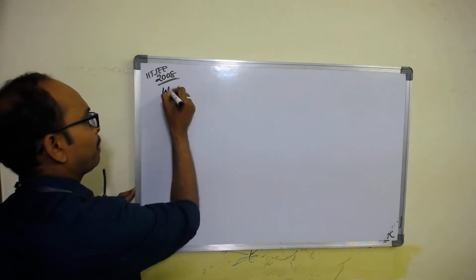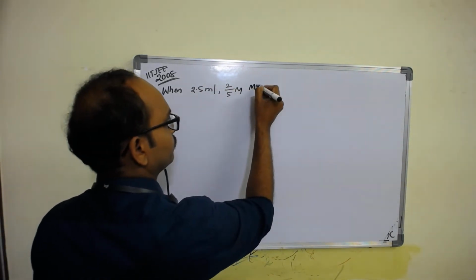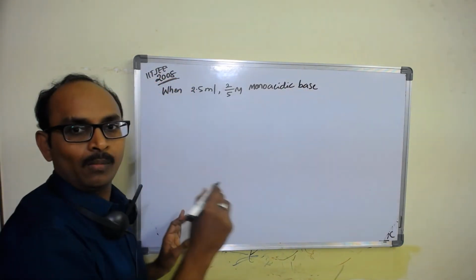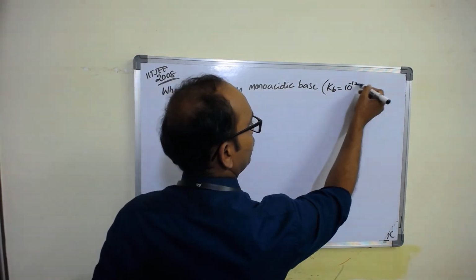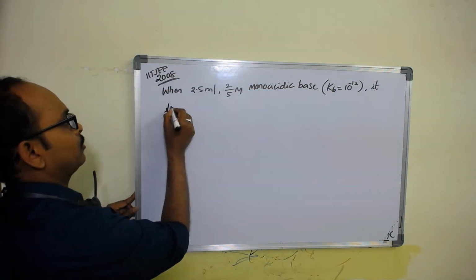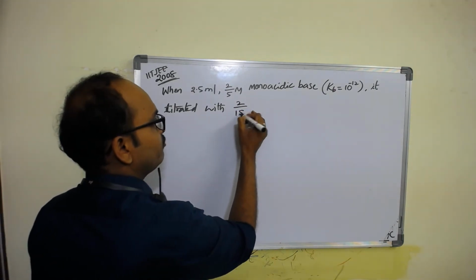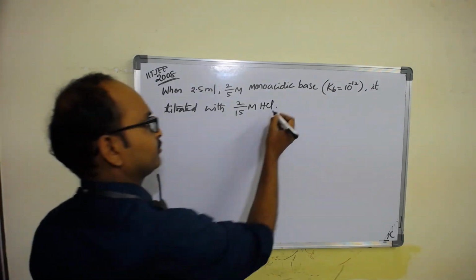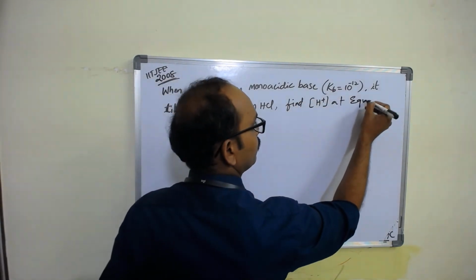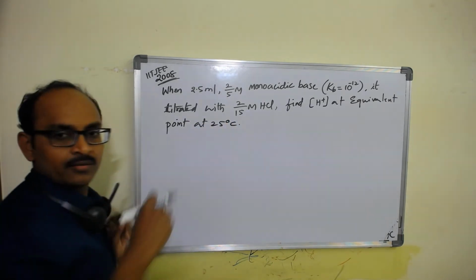The question is, when 2.5 ml of 2 by 5 molar monoacidic base, whose constant is given as Kb equal to 10 power minus 12, is titrated with 2 by 15 molar HCl, find the concentration of H plus at the equivalence point at 25 degrees Celsius. This is a very nice question.